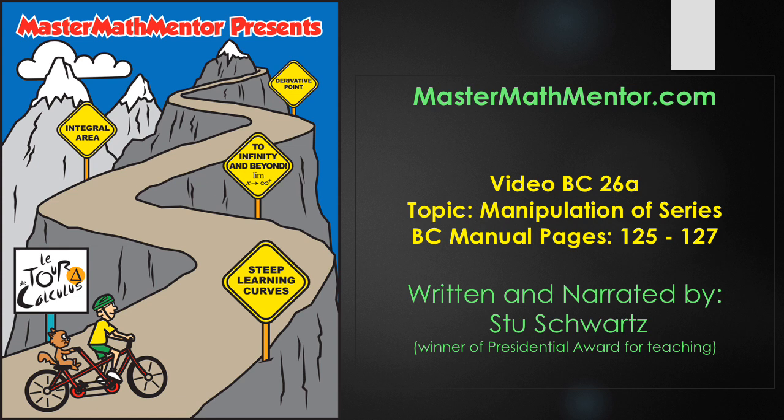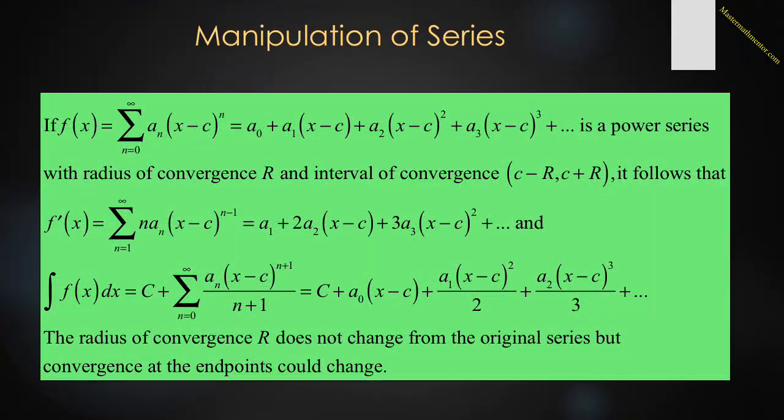This is video BC26a. The topic is manipulation of series, and it covers the BC manual pages 125 through 127. Suppose we have a power series f of x, which is summation n equals 0 to infinity of a sub n quantity x minus c raised to the n.